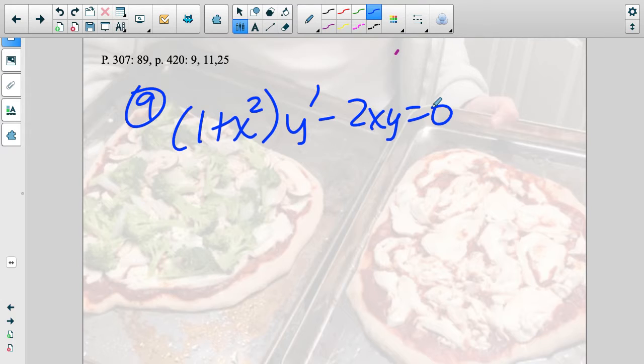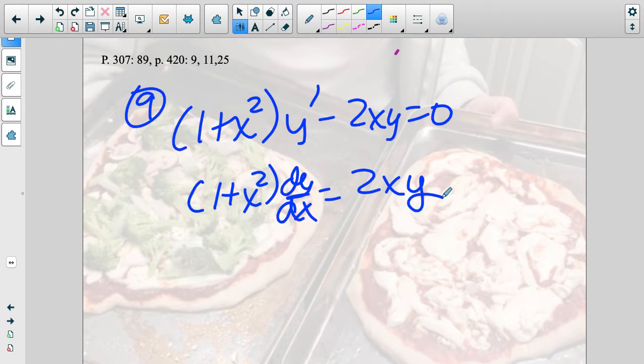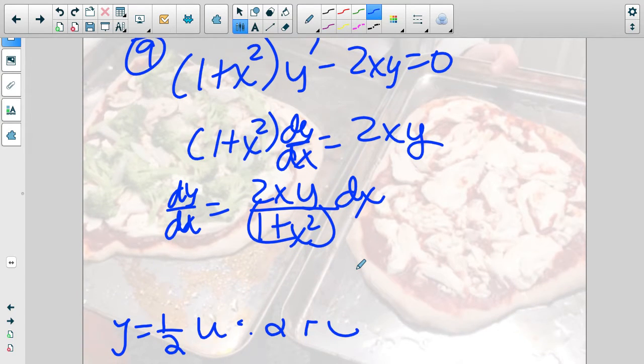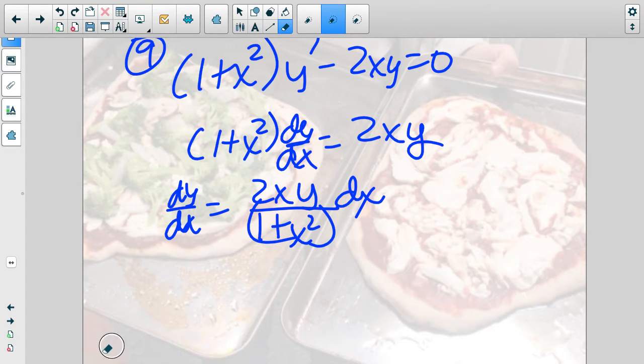And so I have (1 plus x squared) dy over dx equals 2xy. So I have dy over dx is equal to 2xy over 1 plus x squared. What do I still need to move? Grace? The y.